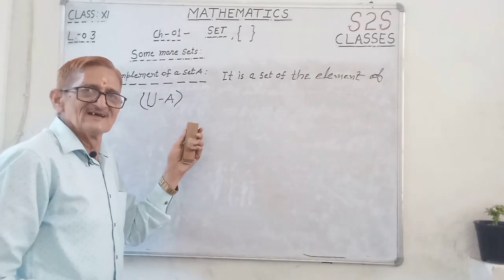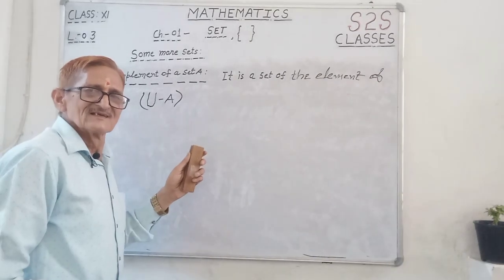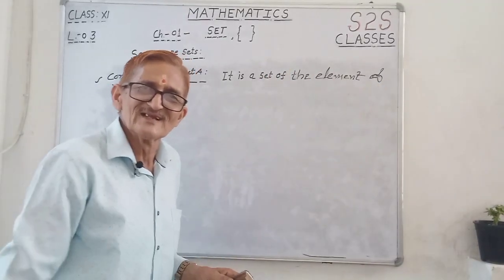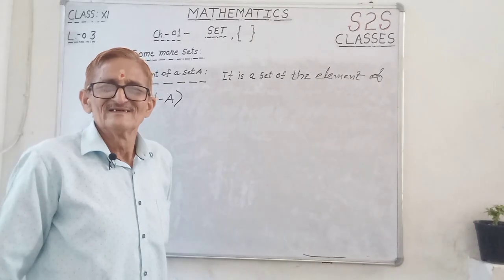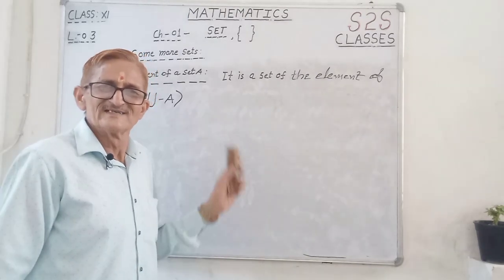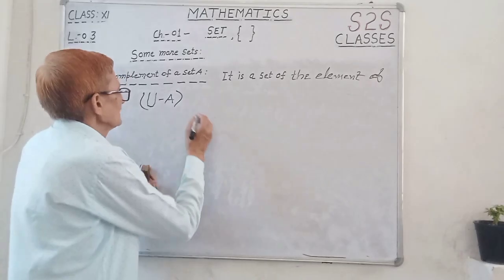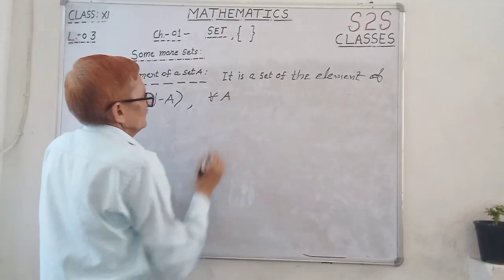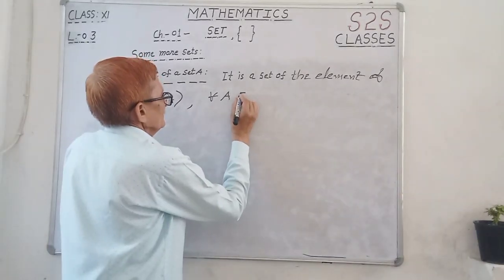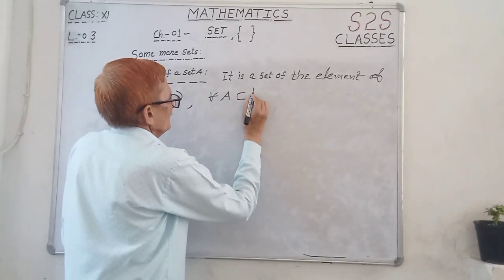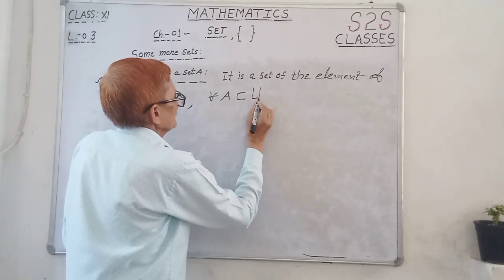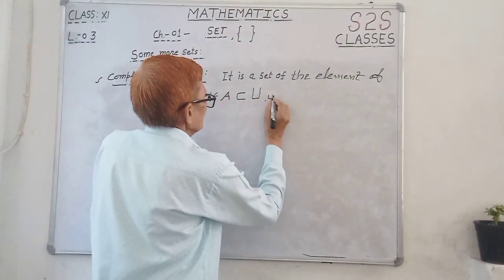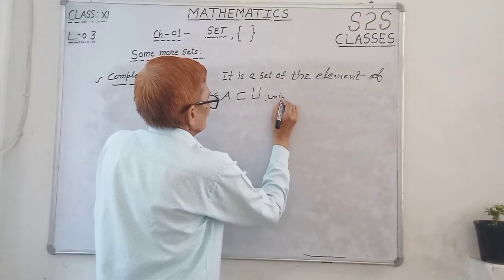It means complement will always be asked when a universal set is given, and under the universal set one subset is given. Here A is the subset of universal set, and U is the universal set.